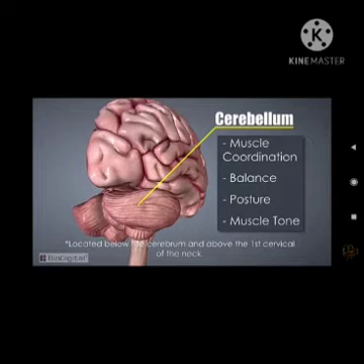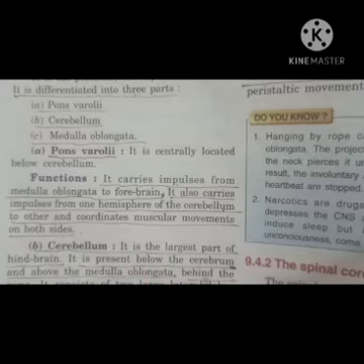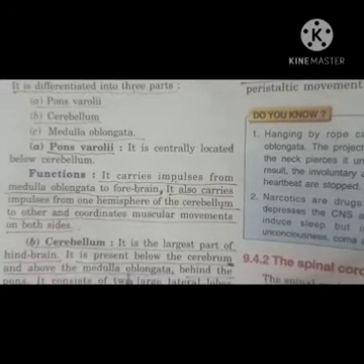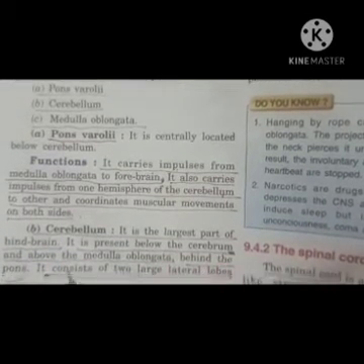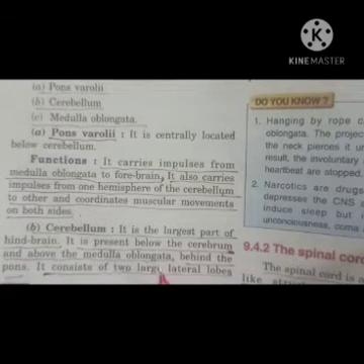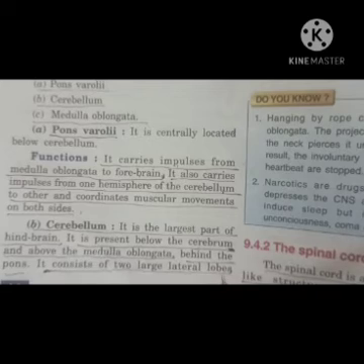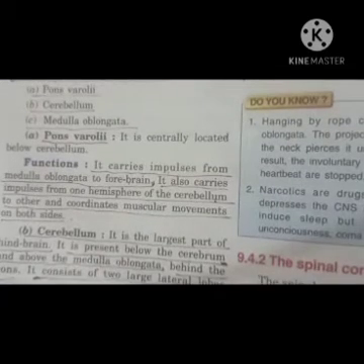Now next is your cerebellum. It is the largest part of hindbrain. Which brain? Hindbrain. It is present below the cerebrum and above the medulla oblongata, behind the pons. And it consists of two large lateral lobes, and what are they called?